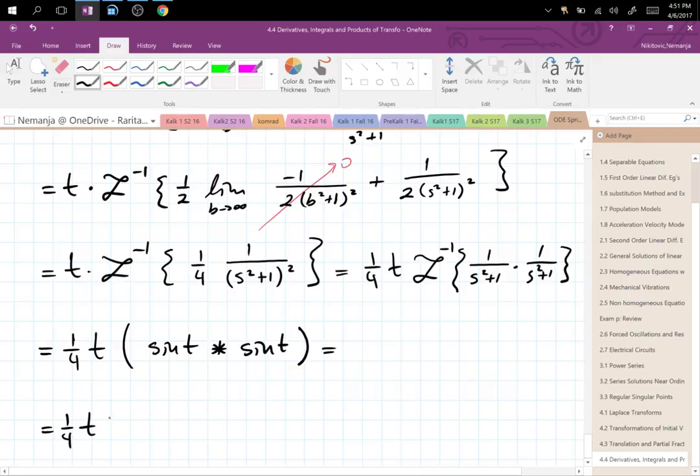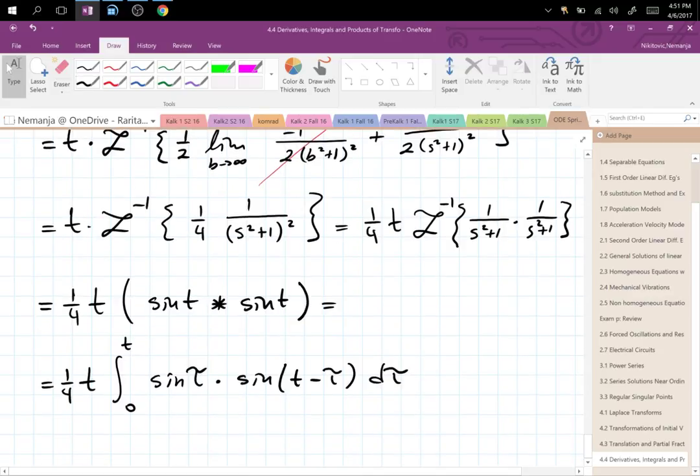Now this looks insane, but remember, there's no other way. The integral from 0 to t of sine tau times sine of t minus tau d tau. And what you can do there for the sine t and the one on the bottom is you again have to use the formula from your pre-calc 2, right?